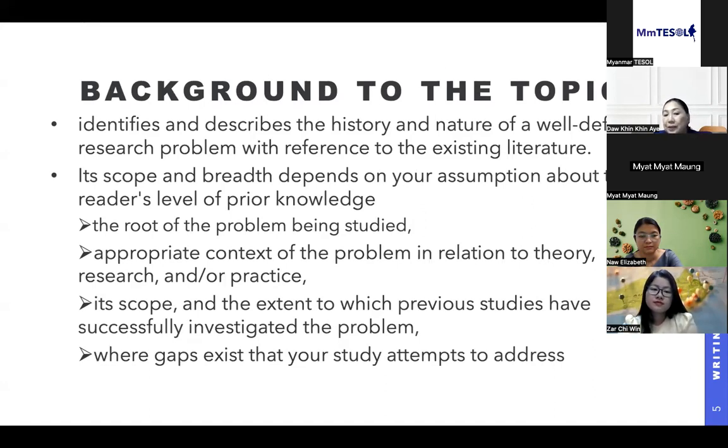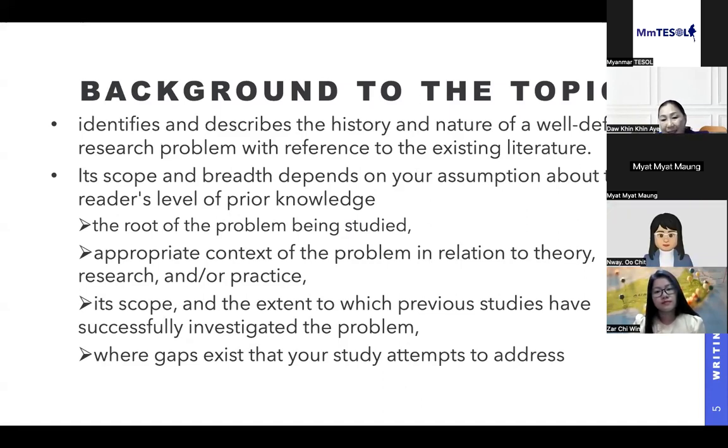But anyway, you can look at the literature and look at it in terms of theory. Is there any problem? Is there any research carried out in this area? Okay, so I think these are what you need to include. And the scope and the extent to which previous studies have successfully investigated the problem.